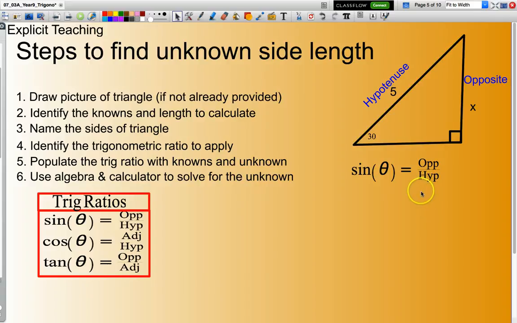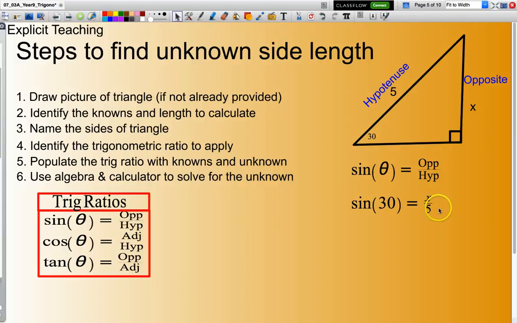The next thing I do is populate this ratio with the values of my knowns and unknowns. My angle theta is 30. My hypotenuse is equal to 5. And my opposite is the x.